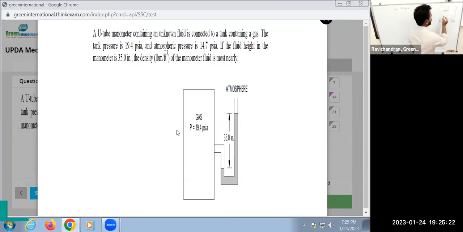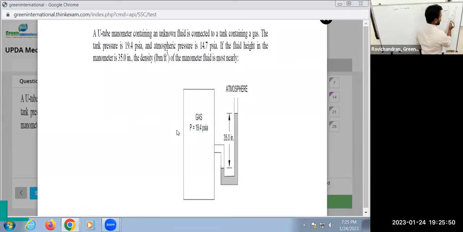So there is a fluid. Let's consider air is also a fluid. It will be in this container with 19.4 psi pressure, and this pressure we don't know, but the head is given. So be clear with the concept.